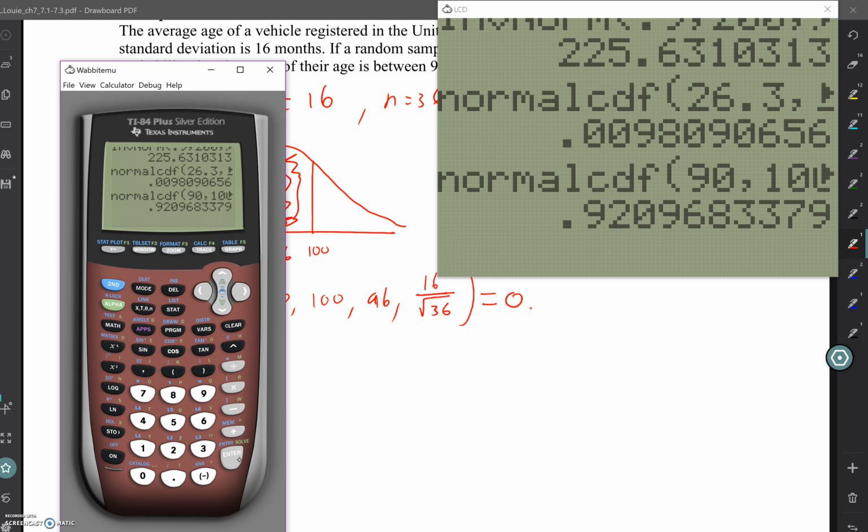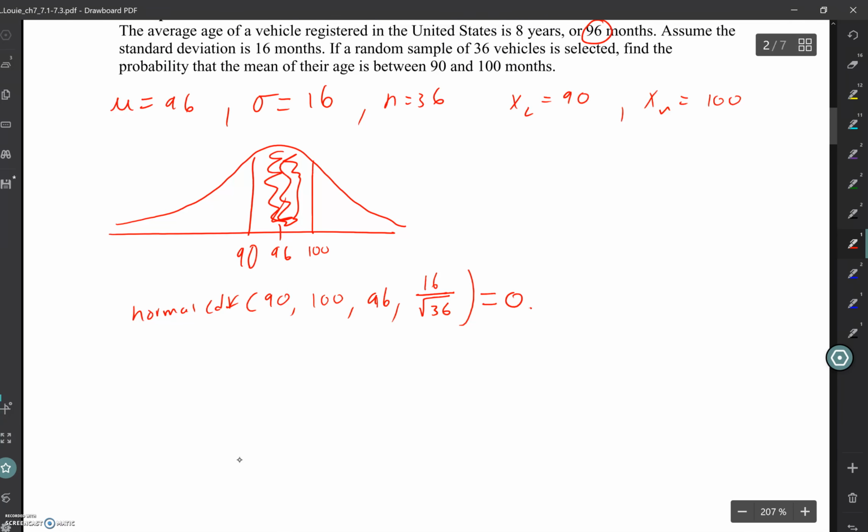That tells me that my probability of being between those is 0.9210, if we round to 4 decimals.